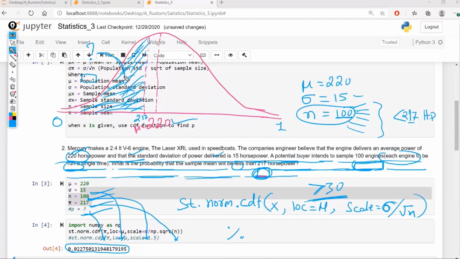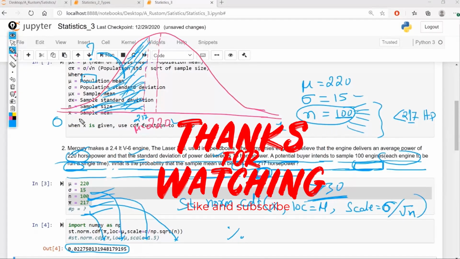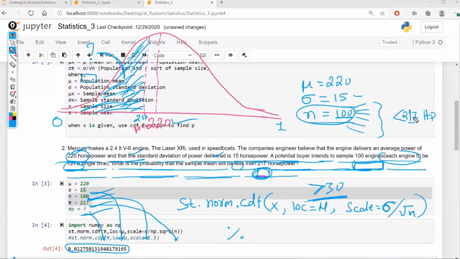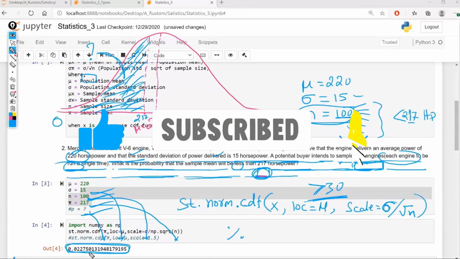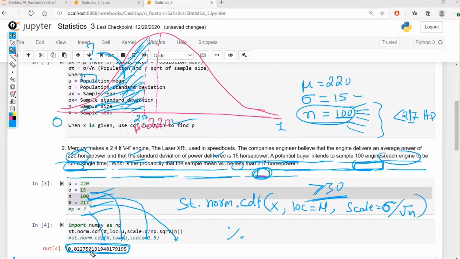So that is the probability of getting a sample mean horsepower for these samples less than 217. That's how we can calculate the probability, and this is all about this problem statement.